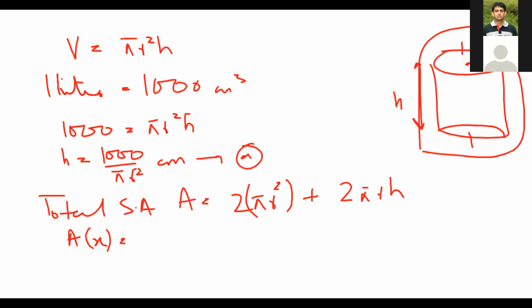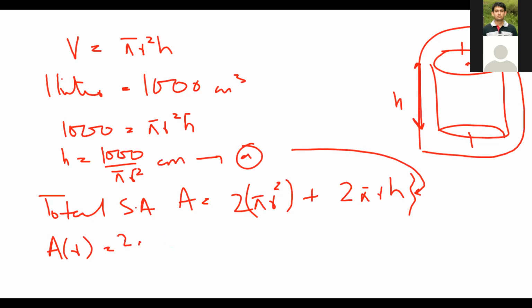So again, we have an A of r equation over here. Let me just write it like this as A of r, not A of x. But the unusual thing over here is again h. So we need to put this value of h into this equation so that we have area function in terms of r.